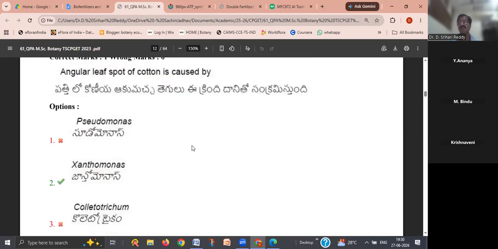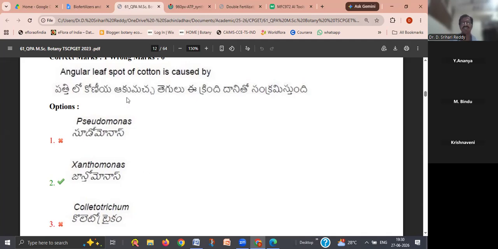And you know, these diseases are very important. Already we discussed citrus canker, also caused by Xanthomonas oxonopodis citri, that we already discussed. And a blight disease of the paddy or rice is caused by Xanthomonas oryzae.